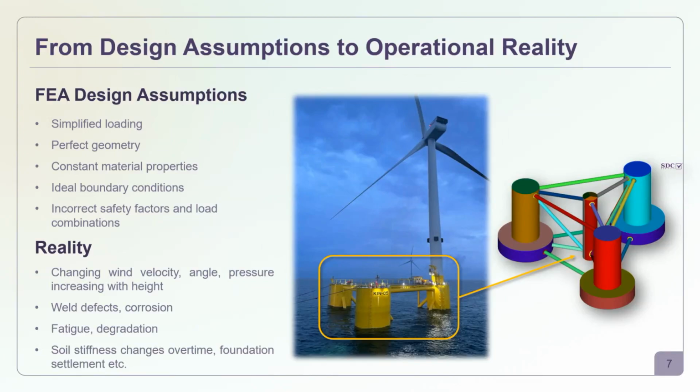So, as you can see, over the years of operation, the actual structure and its behavior is different from the assumed simulation model. And these things can lead to hidden structural damages. Also, what is worth mentioning here, what we will discuss later, is basically the representation of your model.